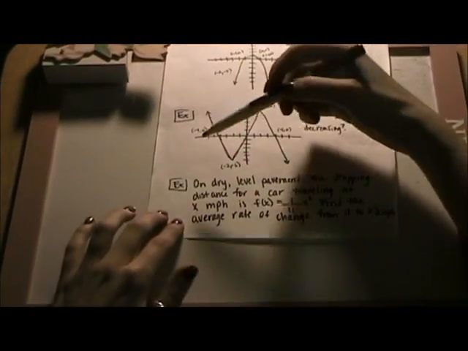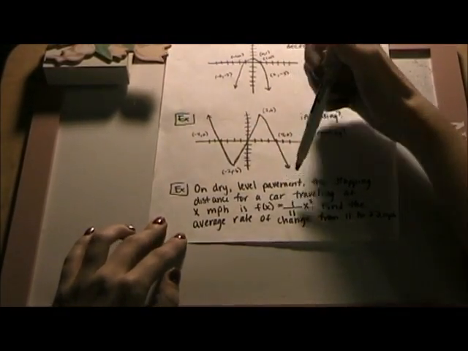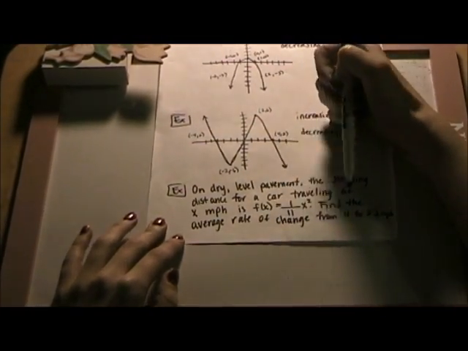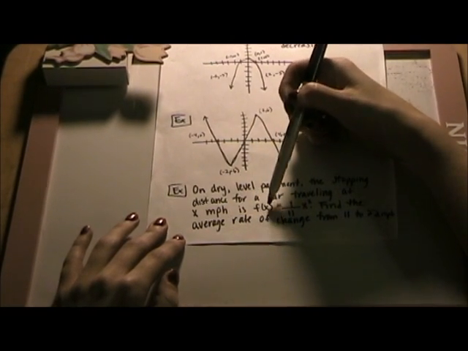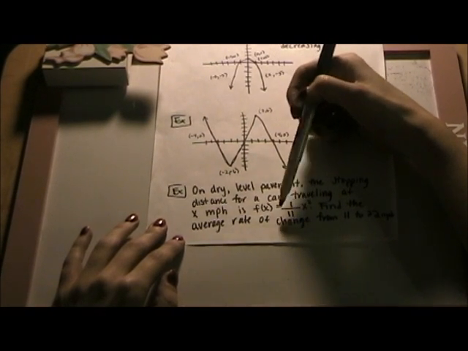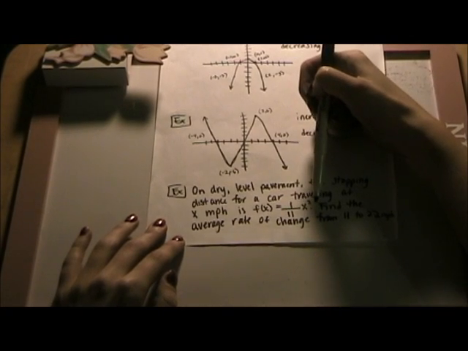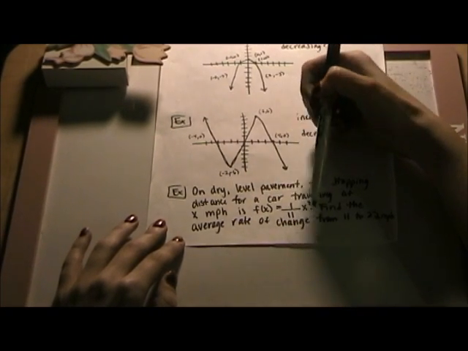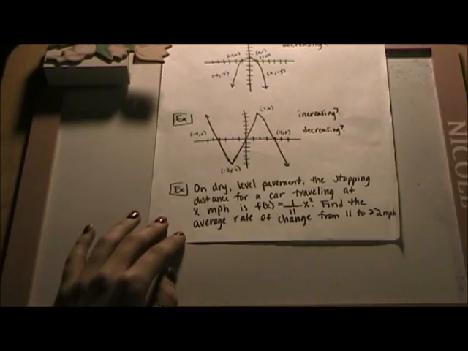And then word problems. Okay. We have this word problem right here. It says, on dry level pavement, the stopping distance for a car traveling at x miles per hour is f of x equals 1 over 11 x squared. Find the average rate of change from 11 to 22 miles per hour.